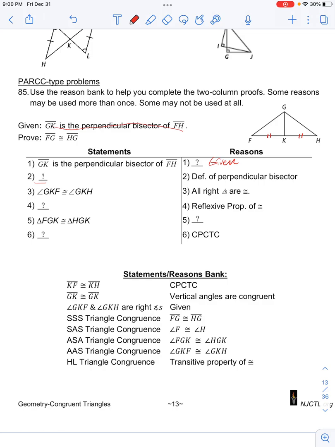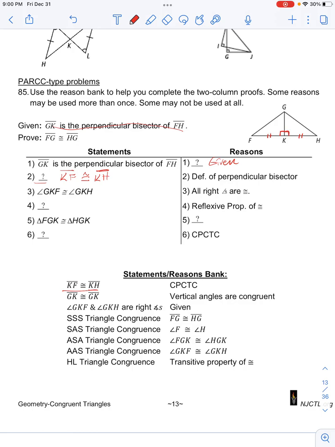So we have the statement over here that KF is congruent to KH. Then we have statement 3. So we have angle GKF is congruent to GKH.